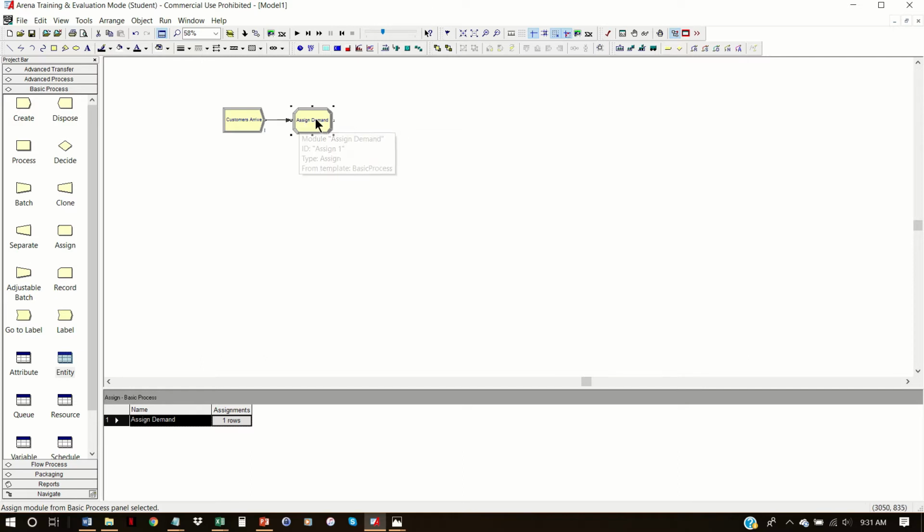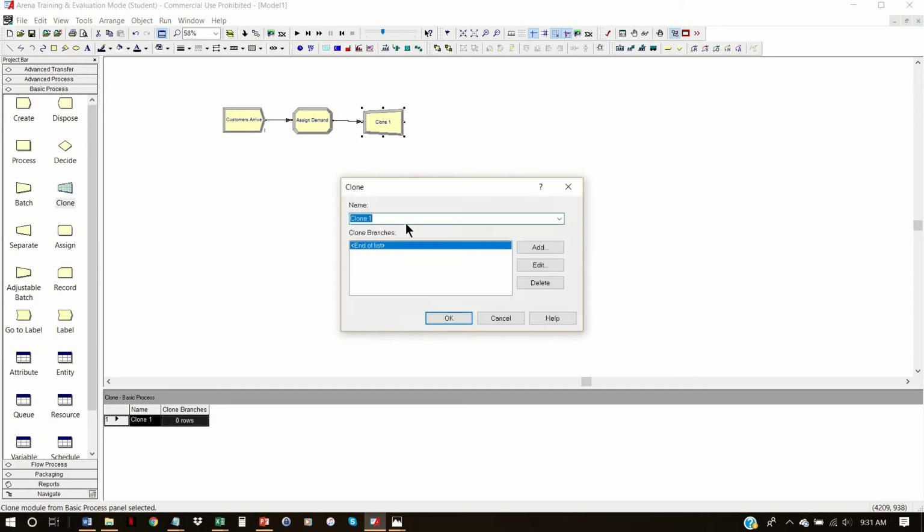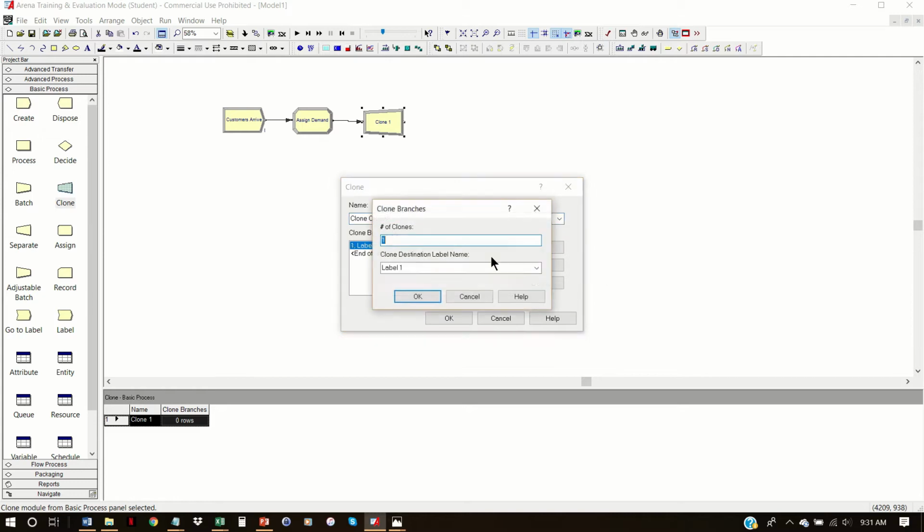So what we're going to do is clone this entity. Whenever a customer comes in and places an order, the physical customer stays in this stream, but one clone is created, the customer order, and is sent to the inventory system. So we'll just say order is logged in system, okay.